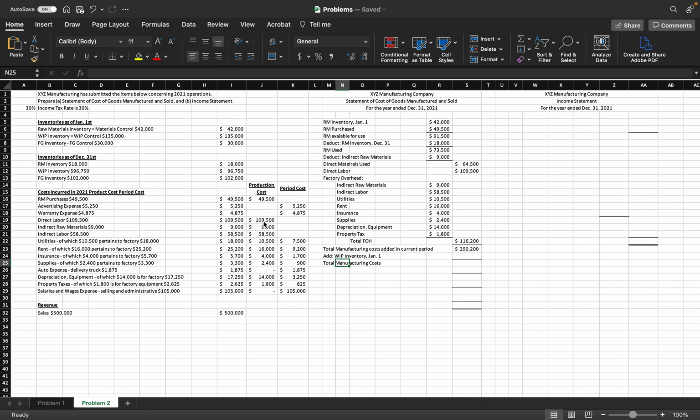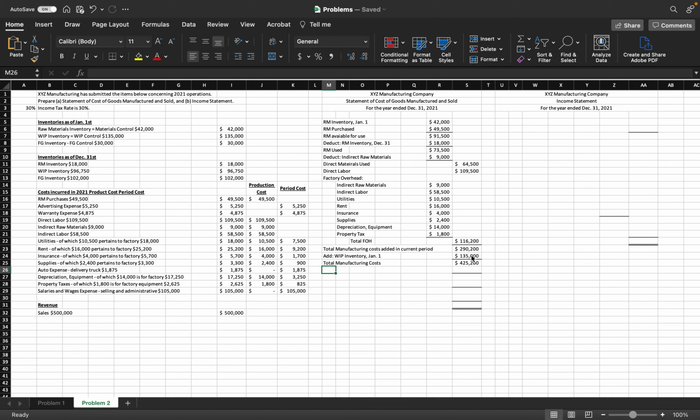Alright, so we know this number, our work in progress inventory, the assumption being that any material, any work in progress at the beginning was completed. Okay, so we add those two together.